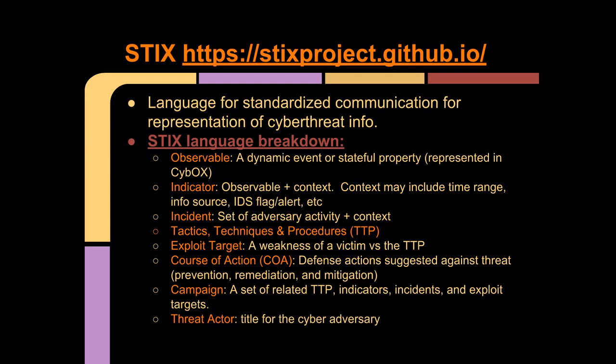The course of action object, or otherwise COA, is any suggested defensive actions against the threat which involve prevention, remediation, and mitigation. The campaign is a set of related TTPs, indicators, incidents, and exploit targets.